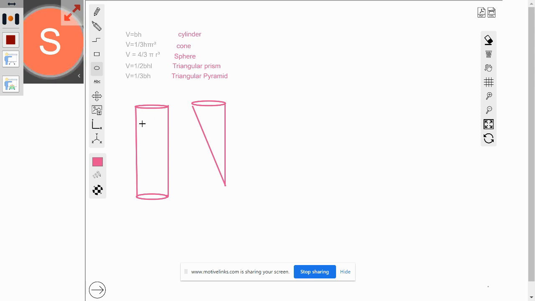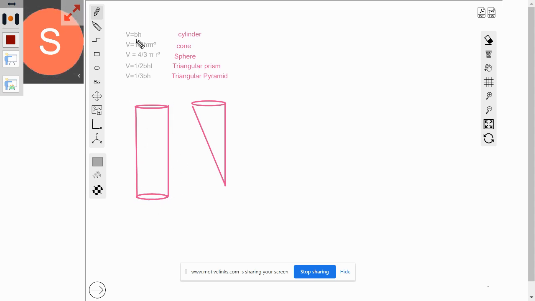So right here for the cylinder, let's get into what B and H are for those of you who don't know. Now B is the base, so this right here. And H is the length right here.